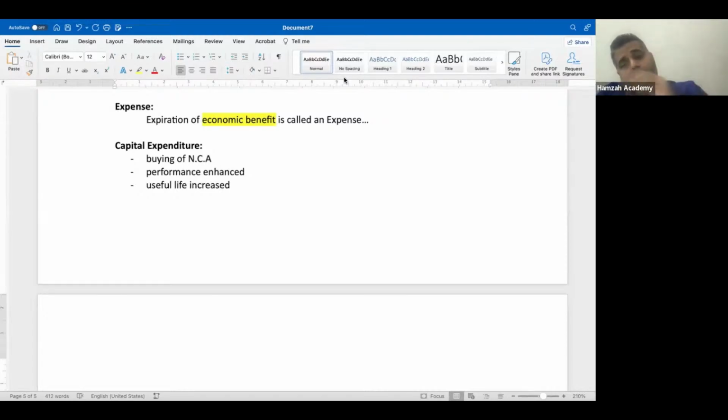Performance is enhanced, capital expenditure. Kunal is a VVIP person, so he decides to install bulletproof screens in the car, right? Now, obviously, the bulletproof glass is going to enhance performance in terms of protection, capital expenditure, right?